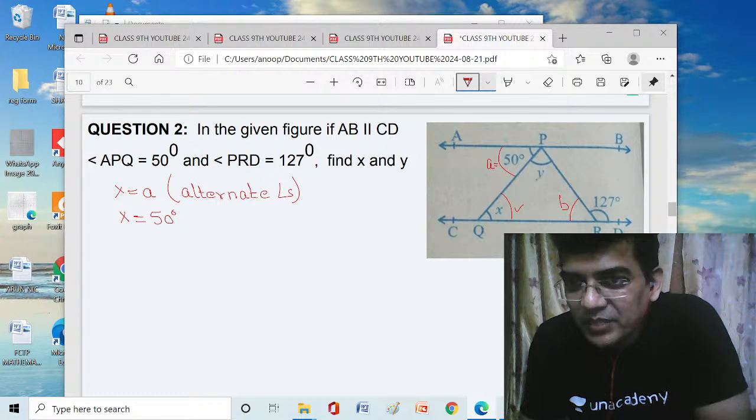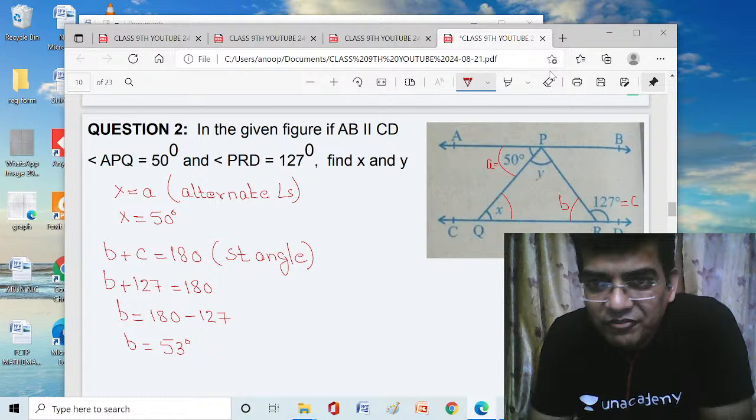Now in this figure, let me mark the angles that I have calculated. I have calculated X, how much? 50. I have calculated B, how much? 53. Now in the question they have asked me to calculate y.